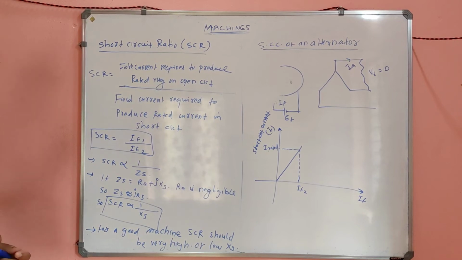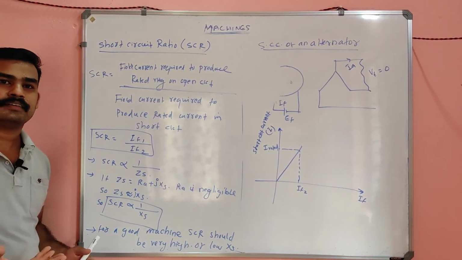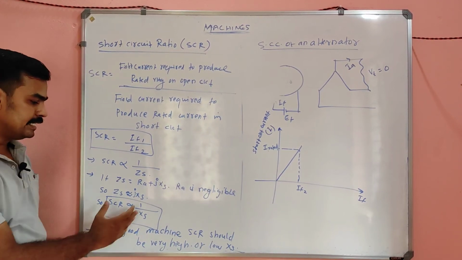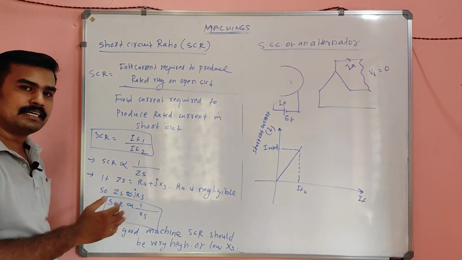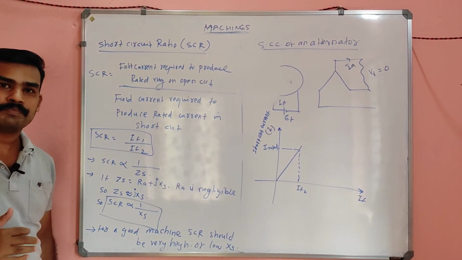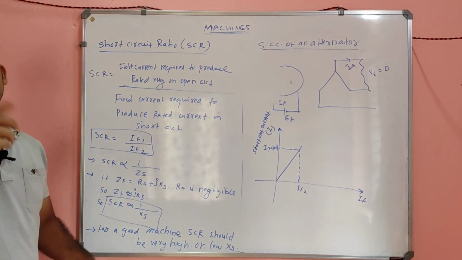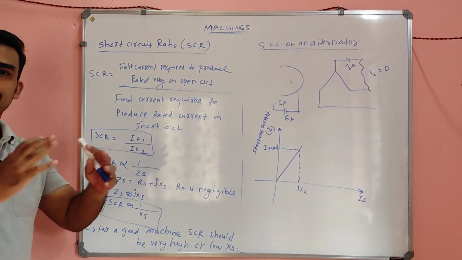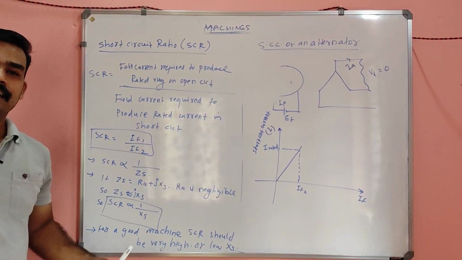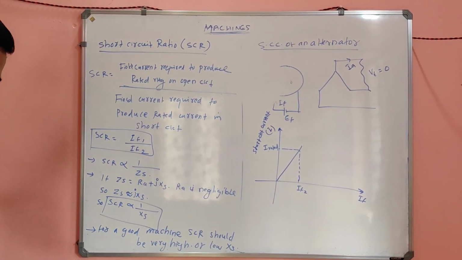If the machine is very good, it has a very high SCR. A very high SCR means its synchronous reactance XS will be very low. That means for a very good machine, its XS will be very small, comparable with RA, then it is a perfect machine. So low XS.